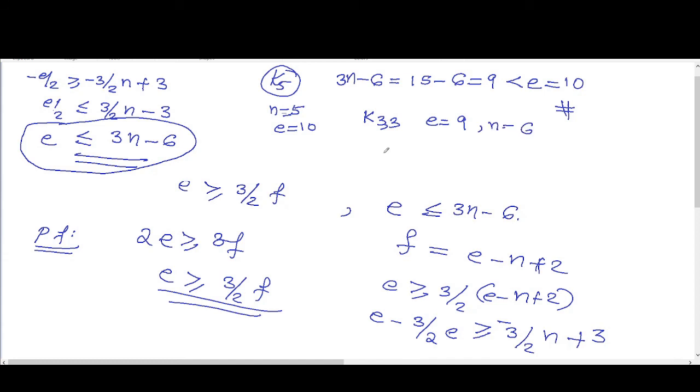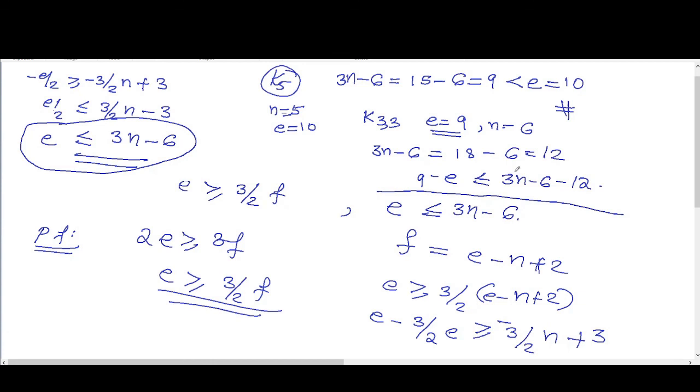Now 3n minus 6 is equal to 18 minus 6, which is 12. So e is 9, which is less than or equal to 3n minus 6, which is 12. The condition is satisfied, but we know the Kuratowski's second graph is non-planar. So this condition being satisfied does not imply the graph is planar. So if a graph is planar, then this result is satisfied. That's all.